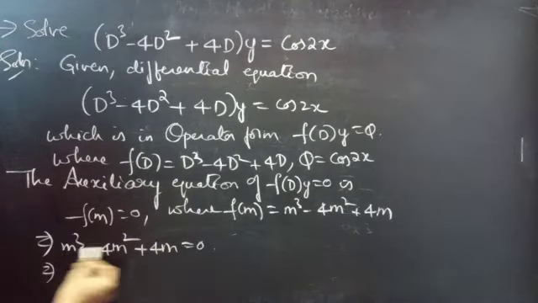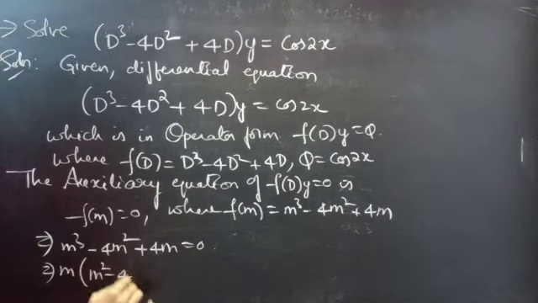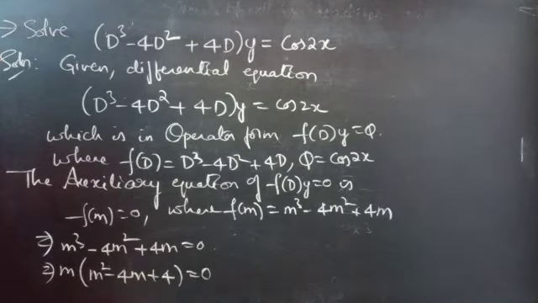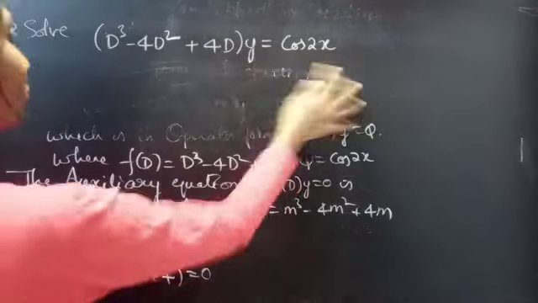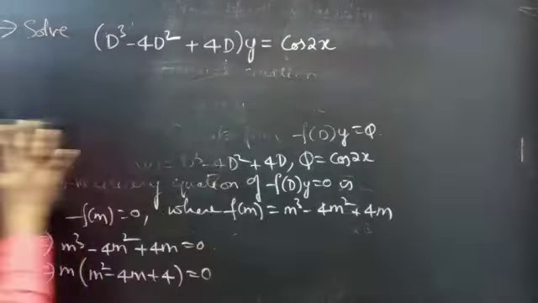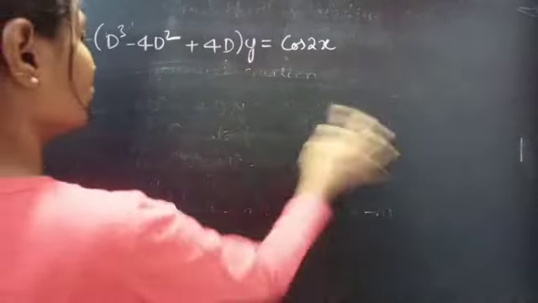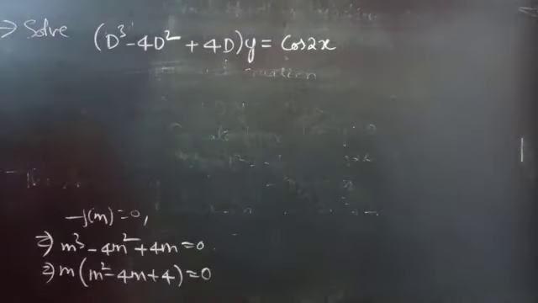Now let's take m common from all these three terms. We'll get m times (m square minus 4m plus 4) equals 0. Right?